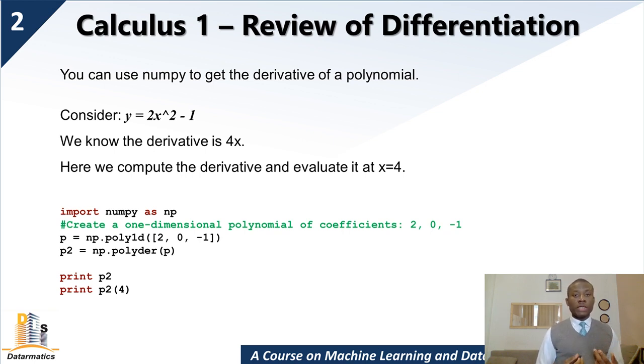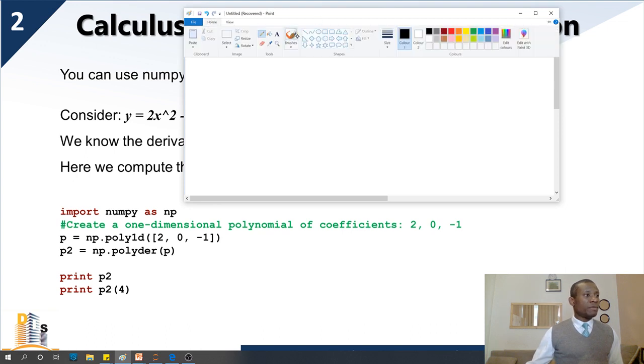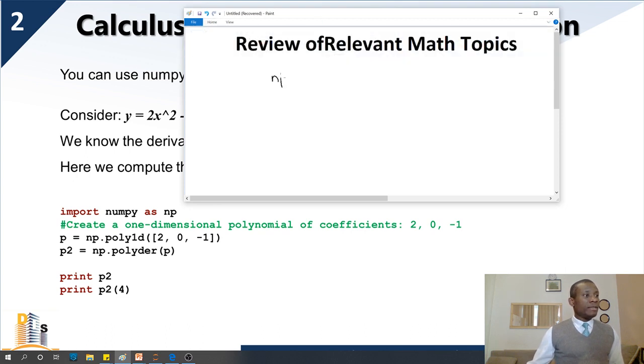We are going to start working with differentiation in calculus. In the previous class, if you've not taken the previous lesson, that is 2.1, please do it. You've learned about two different functions, and we talked about np.polyder.